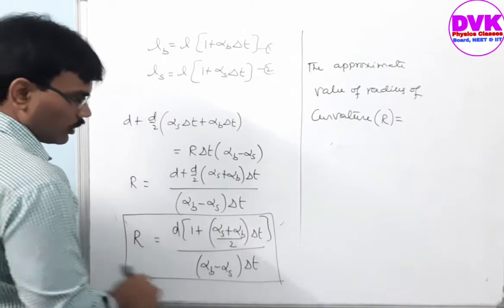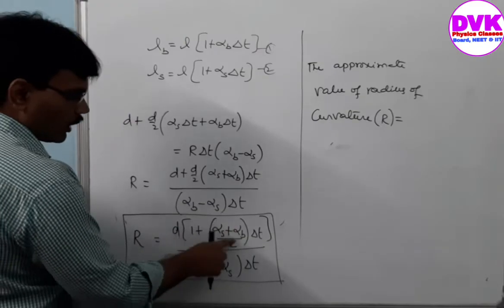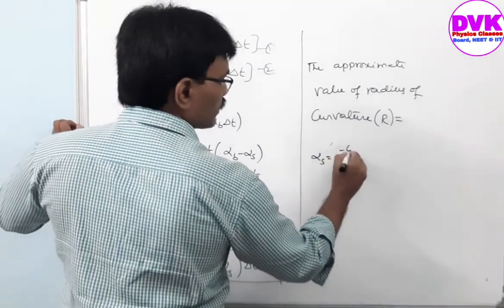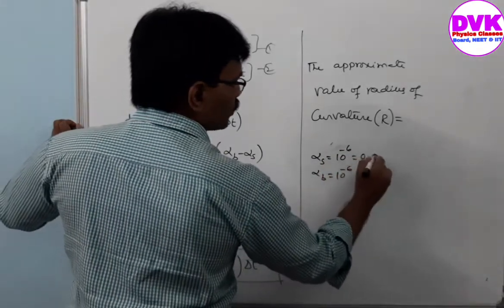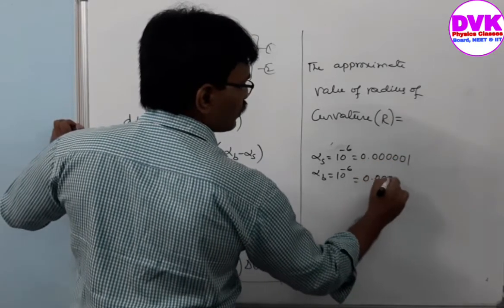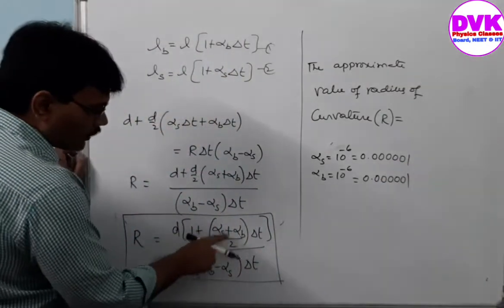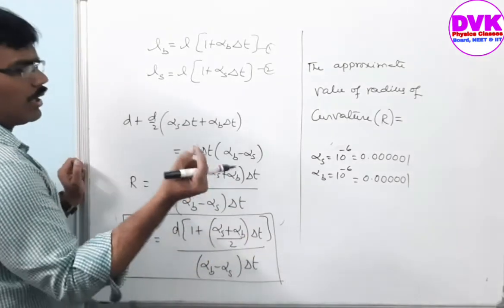So this term can be neglected, because compared to 1 this value is very small. Alpha s is 10 power minus 6, alpha b is also of the order of 10 power minus 6, meaning 0.000001, with 5 zeros then 1. So 1 plus something with 5 zeros, which means this factor is very small.